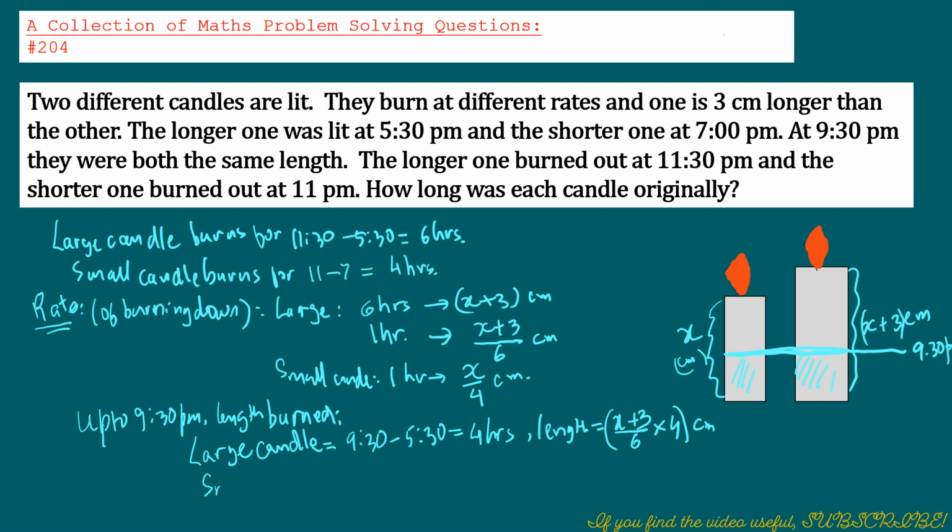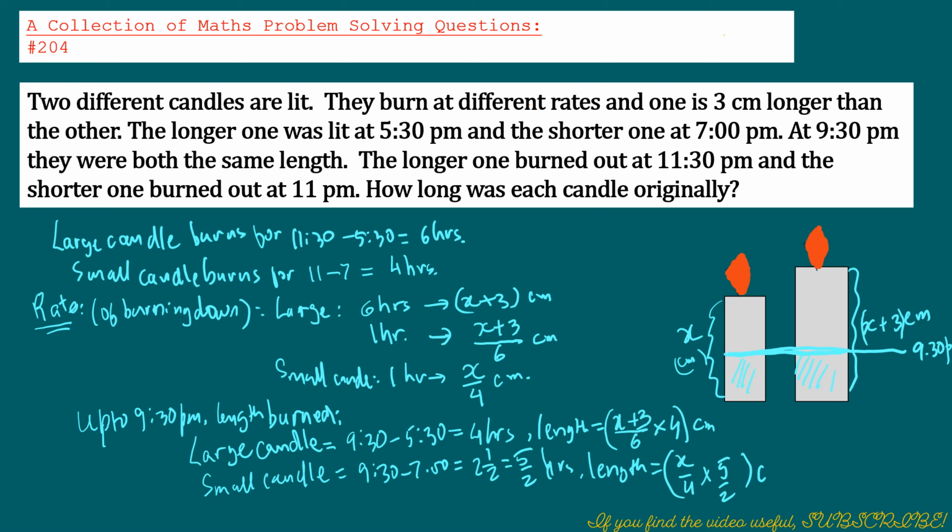And the small candle would have been burning from 7 p.m. to 9:30 p.m., that would be 2.5 hours, and that is 5 out of 2 hours. So the length would be x out of 4 multiplied by 5 out of 2 centimeters.